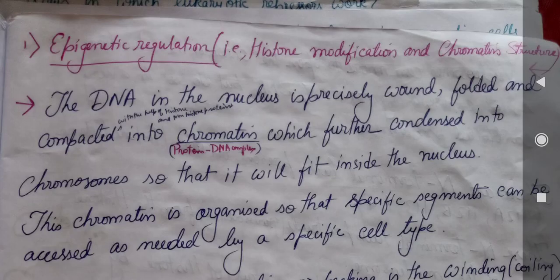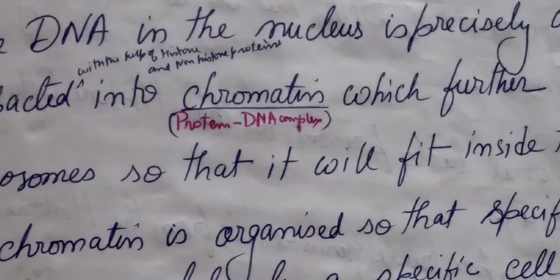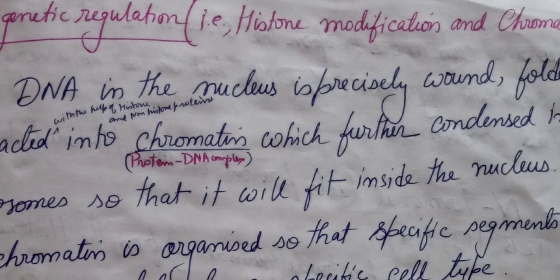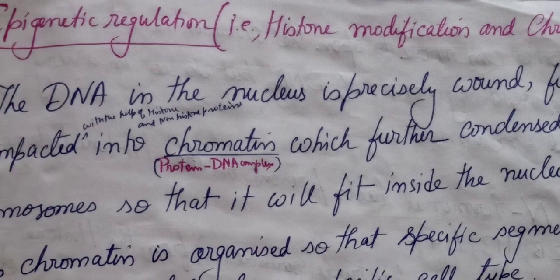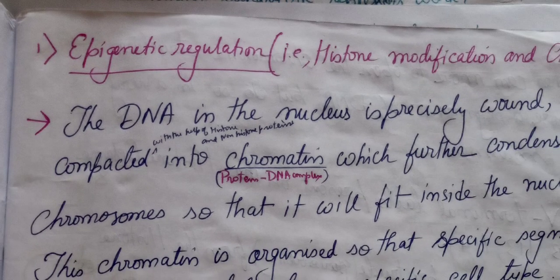It is saying that the DNA in the nucleus is precisely wound, means coiled, folded and compacted with the help of histone and non-histone proteins into chromatin.